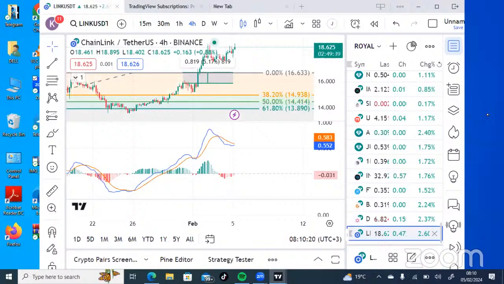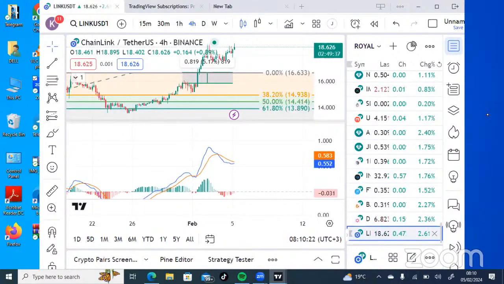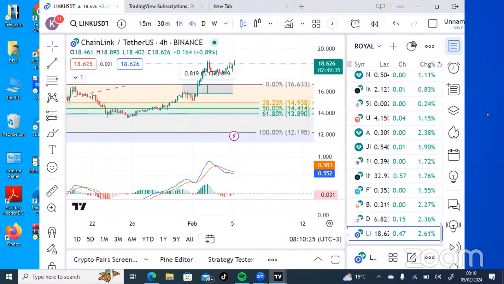Like if you look at this example of Chainlink, although this coin is already up, the MACD here is giving a very nice report that the crossover is about to happen. And you find that this coin might continue up to $20 because it has been forming a consolidation, a sideway, around this area.